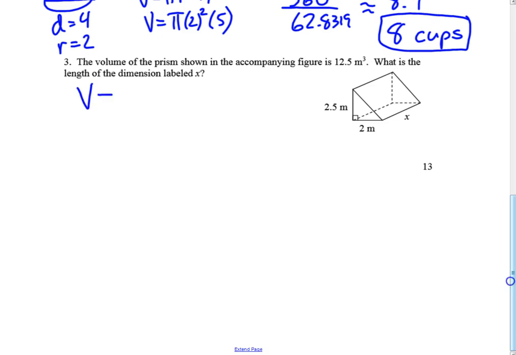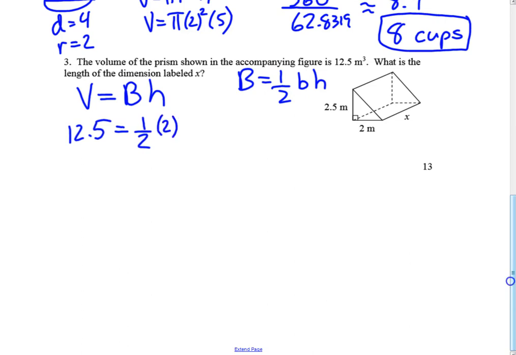So in this case, again, the volume is the area of the base times the height. So the area of the base here is 1/2 small b times h. So we know that this volume is 12.5.